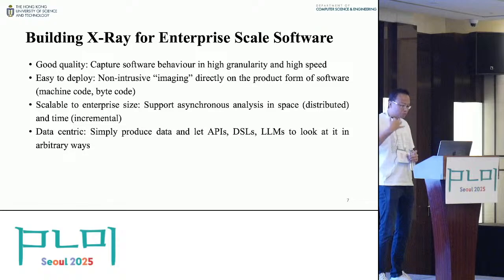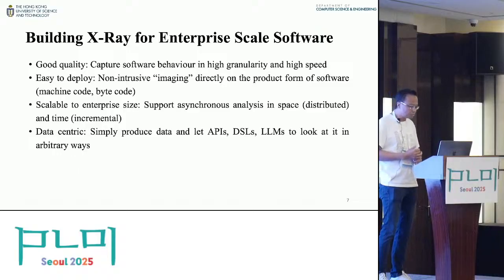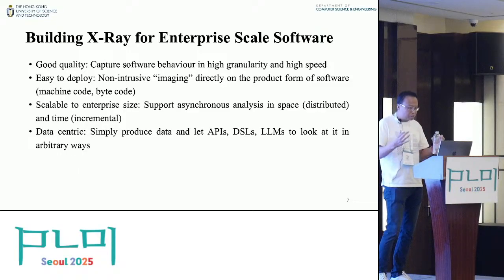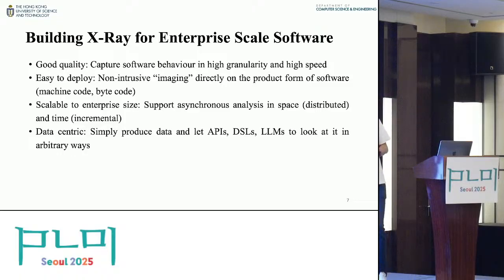Ideally, we would like to scan software from their product form, meaning mostly compiled code, not source code. And just because of the sheer size of enterprise software, we have no choice. We have to learn from how people deal with big data. We have to use distributed computing and cloud infrastructure to analyze it, and we have to do incremental analysis.